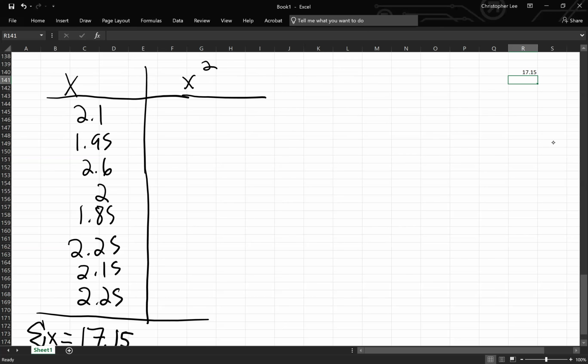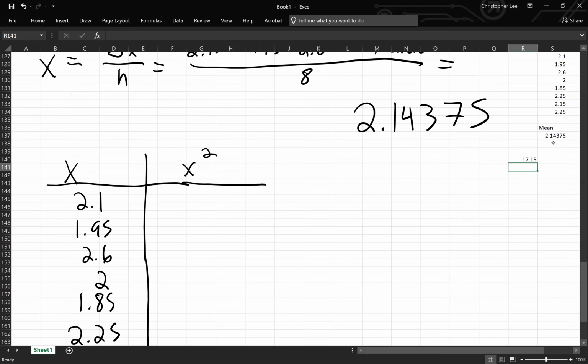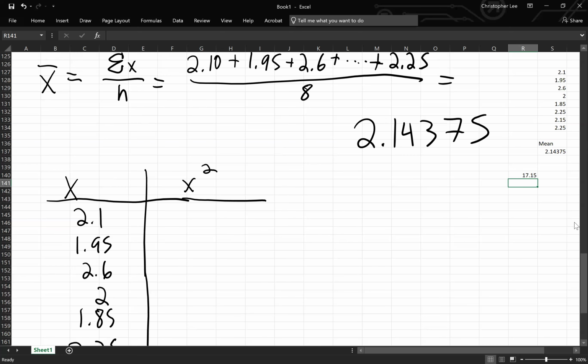Next, you want to square each number, each one, right? So let me square these numbers real quick. And the way you do it in the calculator is with the parentheses and the square. Yes, each number.